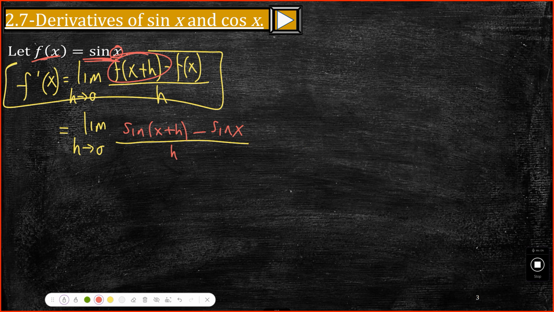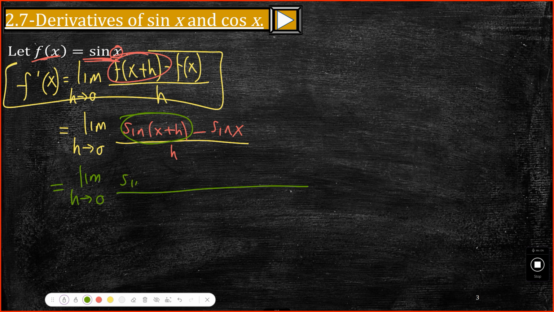We are going to use what we did in the warm-up here, the sum identity we did. So then this is going to be equal to the limit as h approaches 0 of, how did it go?